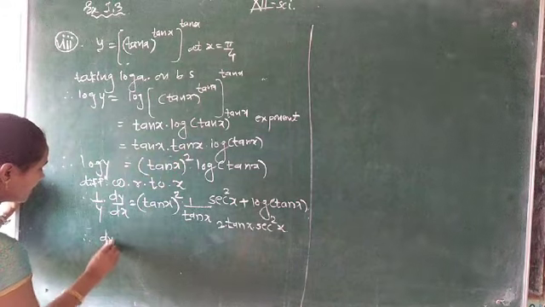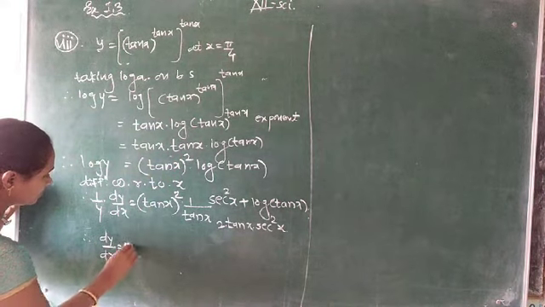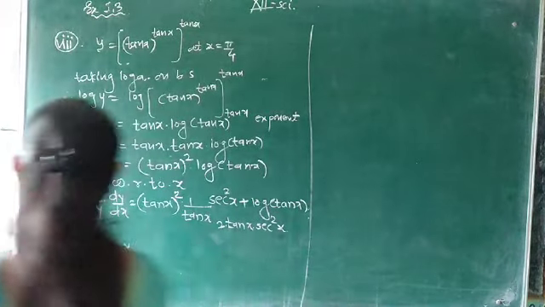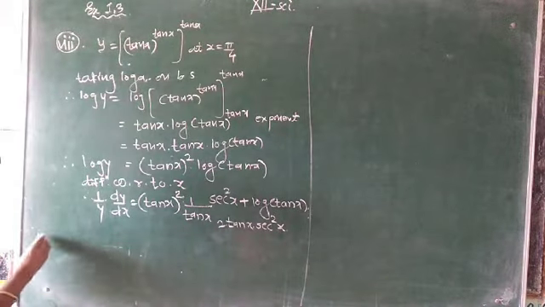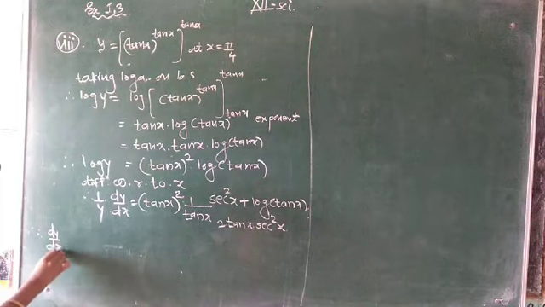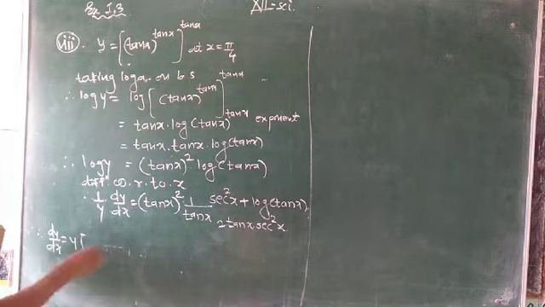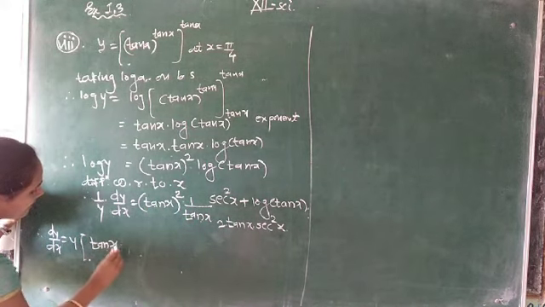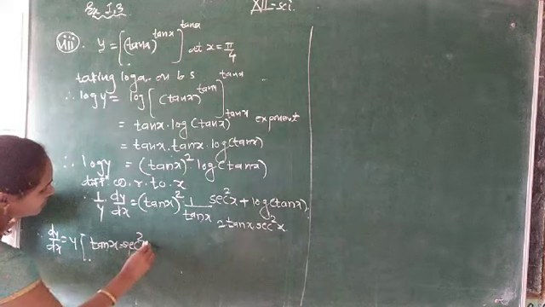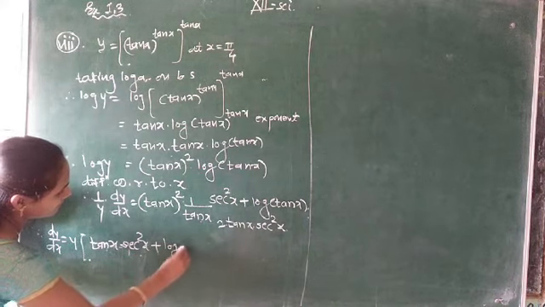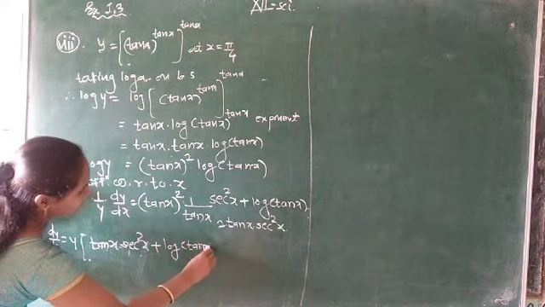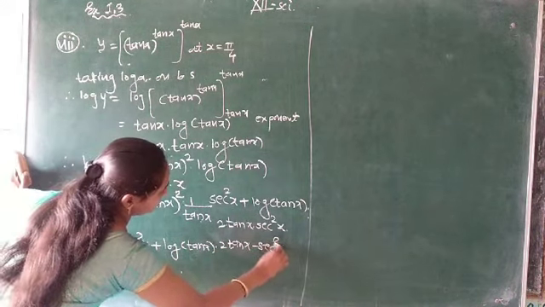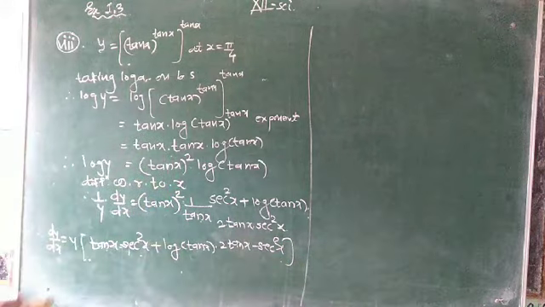Therefore here dy upon dx is equal to y into, now (tan x) square upon tan x, so one tan will be cancelled here, tan x into sec square x plus log of tan x into 2 tan x into sec square x. Now use the value of y here.